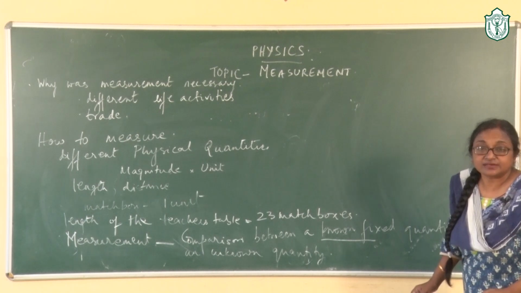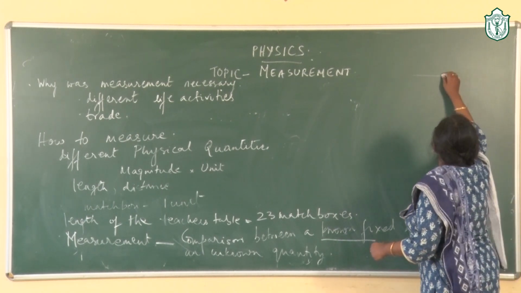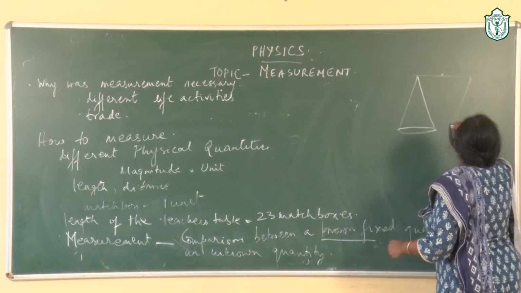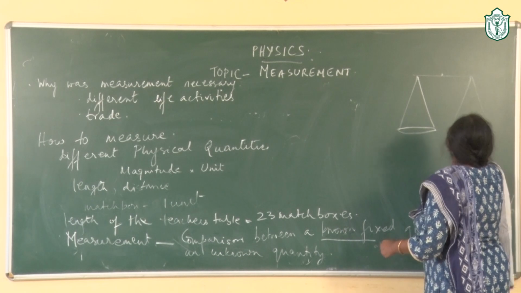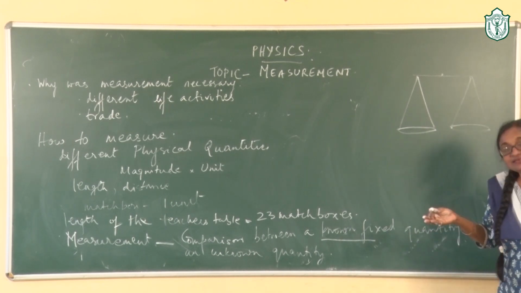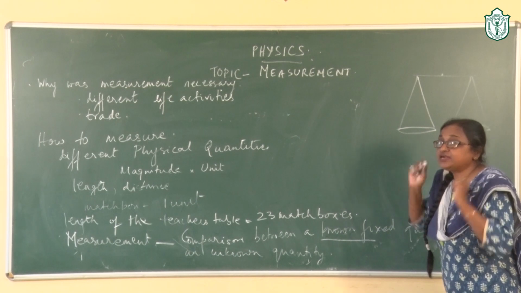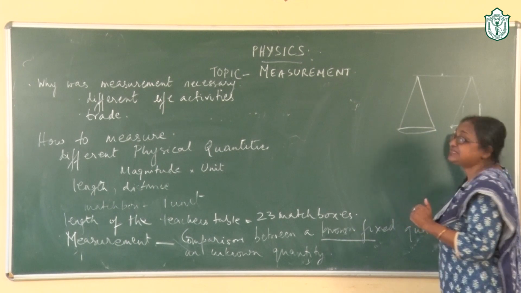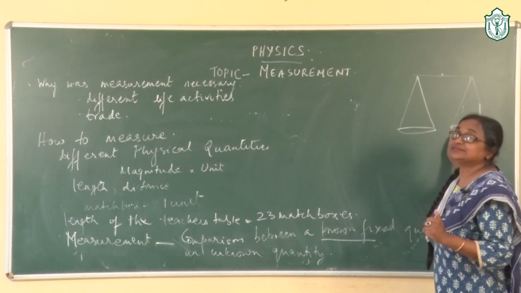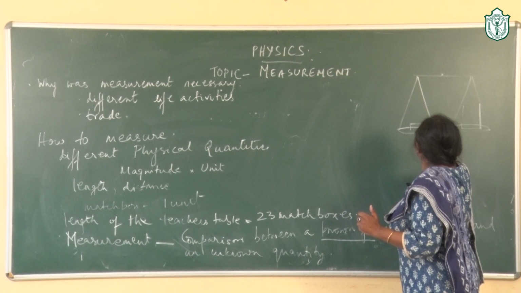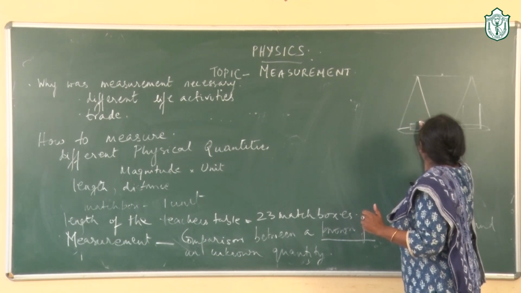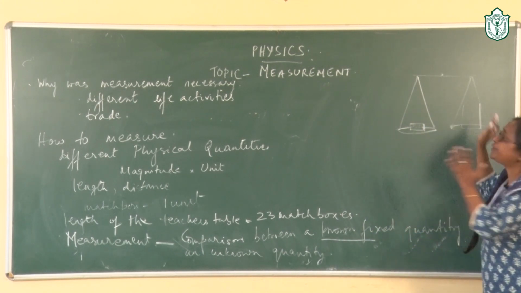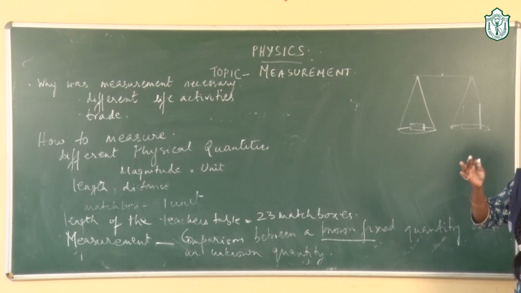However, a green grocer uses the beam balance. You want to buy, suppose, a kg of potatoes. So what does he do? He places the packets of potatoes in one scale pan and he places the weight, suppose 5 kg, in another pan.